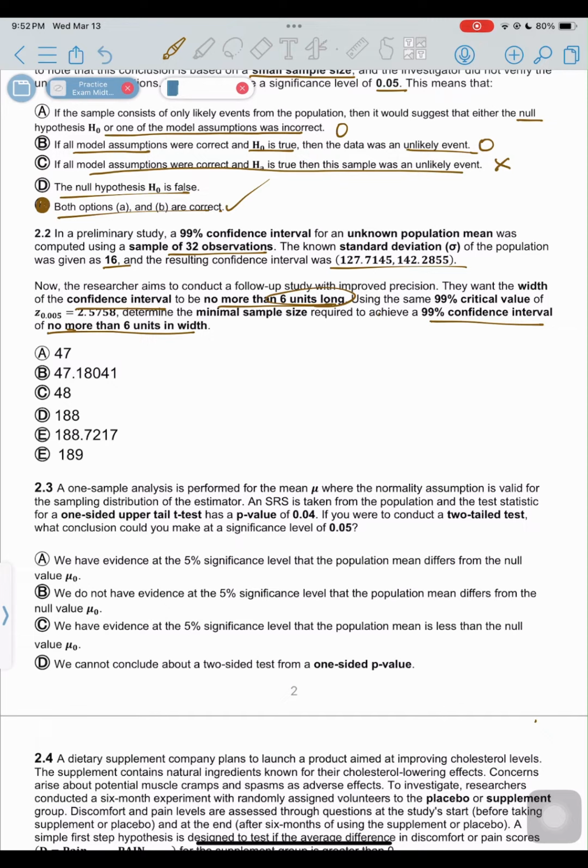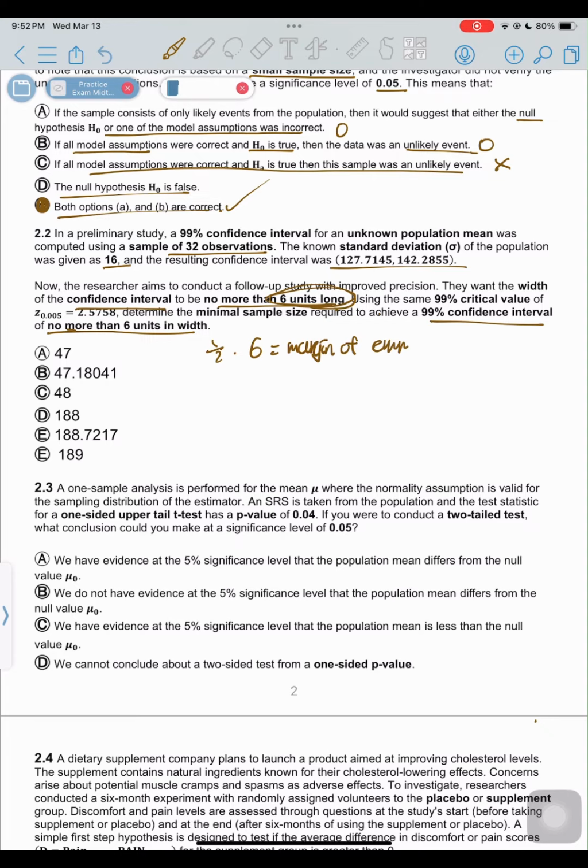For this question, you can use the margin of error. So margin of error is half of the width of the confidence interval, and the width is 6 units long, so one half times 6 would be the margin of error.